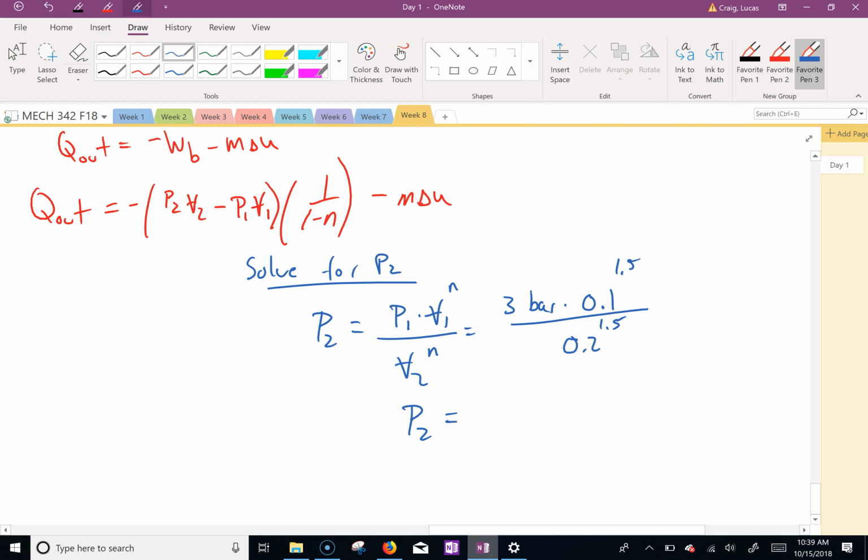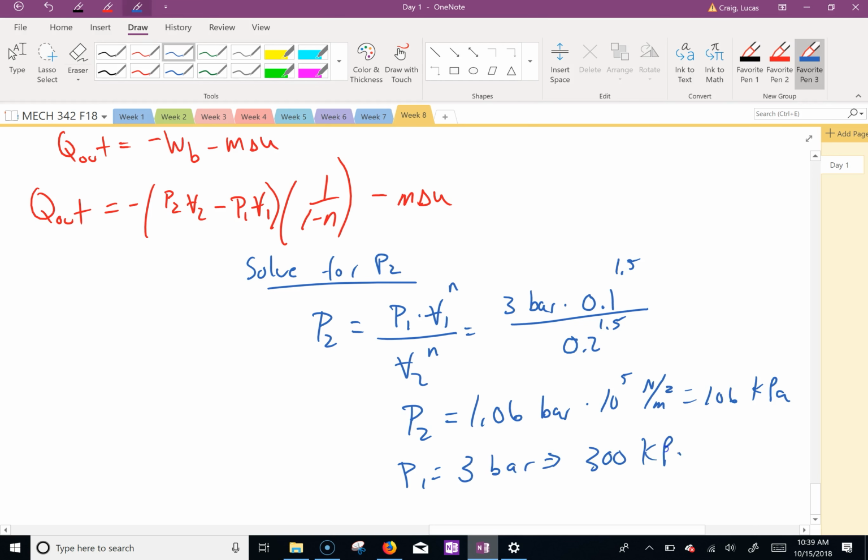You get for pressure 1.06 bar. Multiply that by 10 to the 5th newtons per meter squared, you get 106 kilopascals. And then P1 is, oops, no, that's 3 bar. Sorry, 1 bar was 106. 3 bar converts to 300 kilopascals.